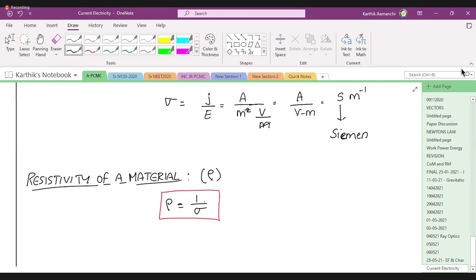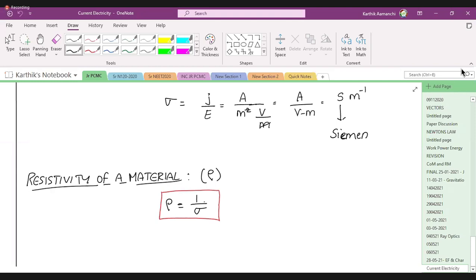If the material is telling charge, please come to me easily, that is conductivity. If you are putting up a stop sign and telling all the charge to stop, boss, just wait, then you are resisting it. So for insulators, the resistivity is very high and the conductivity is very low. For metals, which are conductors, the conductivity is very high and the resistivity is very low.